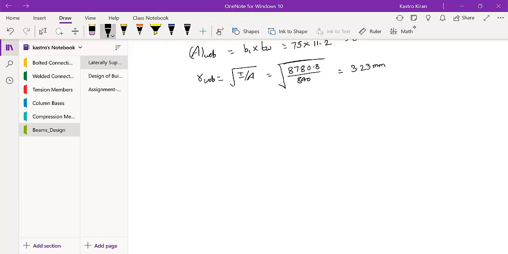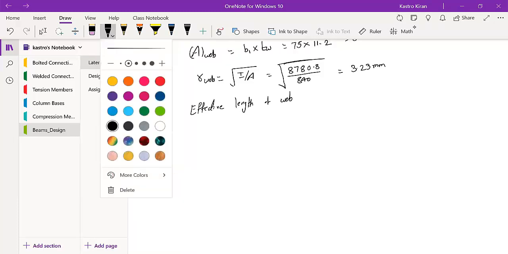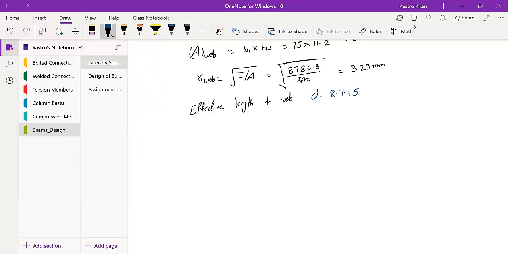Now you have to calculate another factor, which is the effective length of web. It is obtained from clause 8.7.1.5. I'm not showing you these clauses, but you can refer to them when you have time. The effective length of the web is 0.7 times the depth of web.